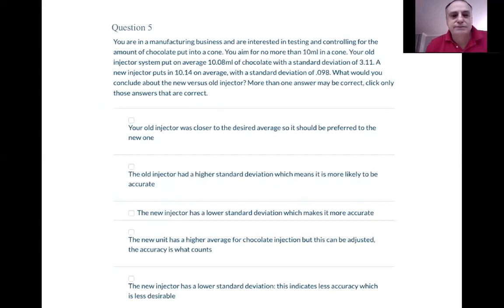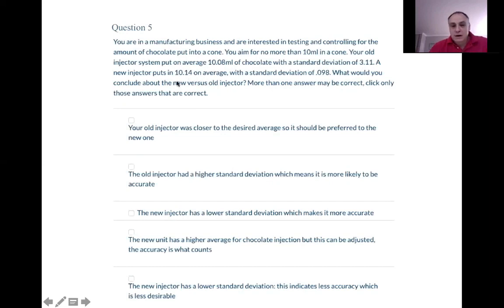Question 5, you are in a manufacturing business and are interested in testing and controlling the amount of chocolate put into a cone. You can read through that whole question, but one machine gives you an average of 10.08, with a standard deviation of 3.1, meaning that's what it normally gives, but it could give an extra 3, so it would be over 13, or it could give 10 minus that, in fact 6 point something.